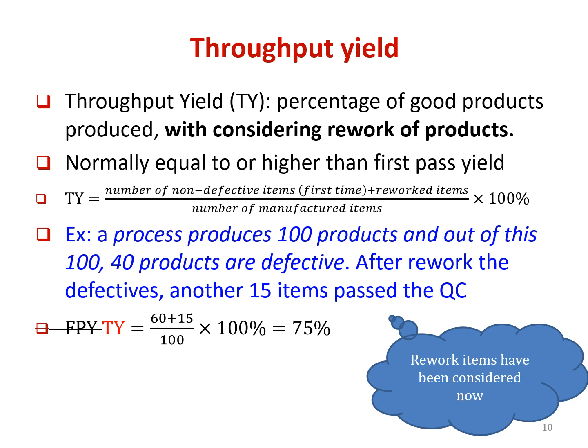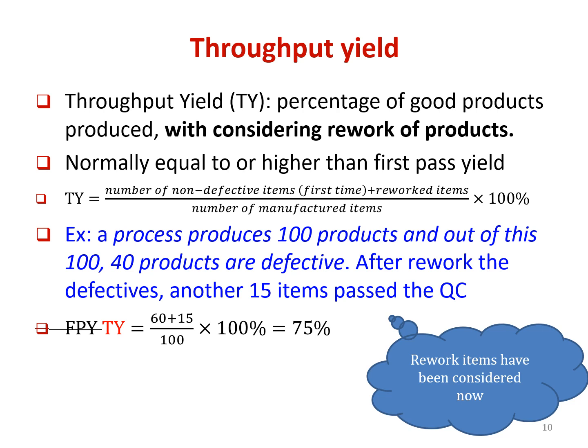So let's say the process produced 100 products, and out of these 40 are defective, but after rework another 15 pass the quality requirement. So we know that the first time 60 products are good, because 100 minus 40 are defective, and then after rework another 15 are good.